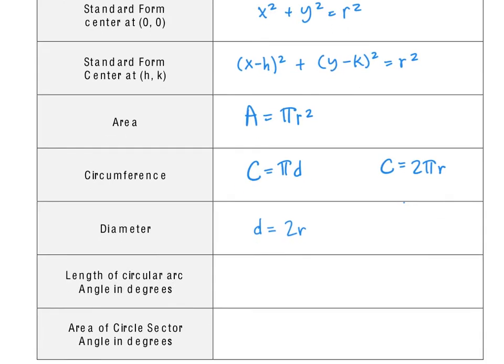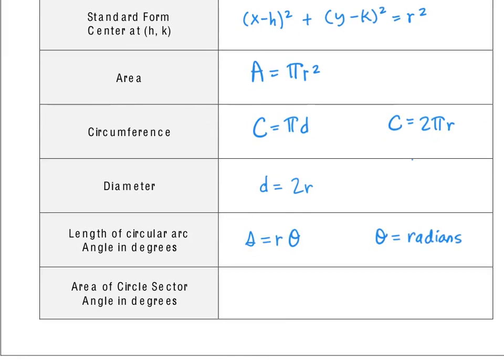Length of a circular arc, angle in degrees. Do you remember when we did trig and we had S equal r theta, and theta has to be in radians? That's the same thing here. Okay, S is like our sector. The length of the arc, S, is equal to r theta.